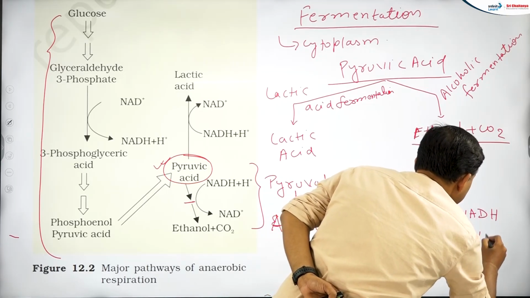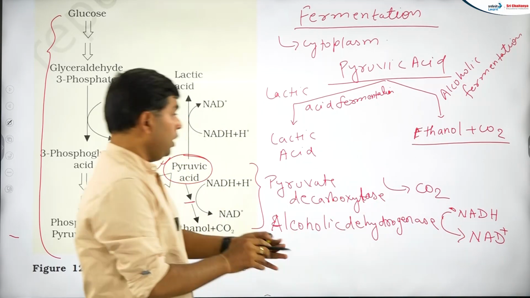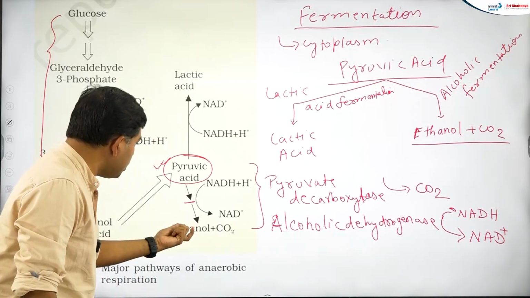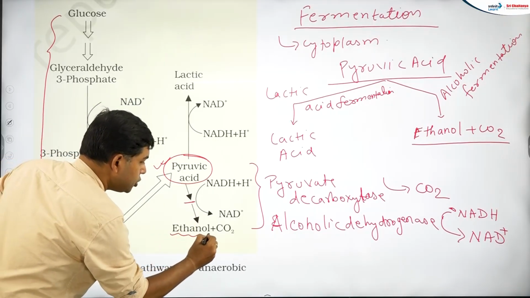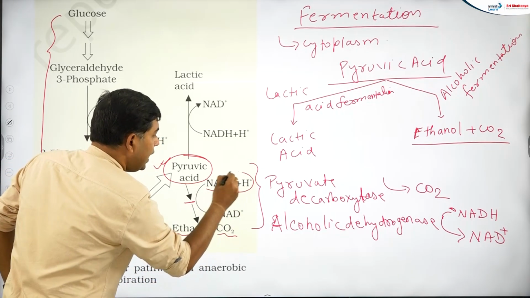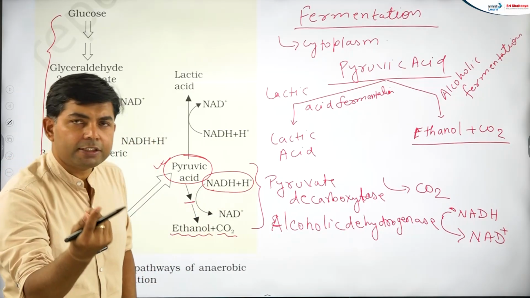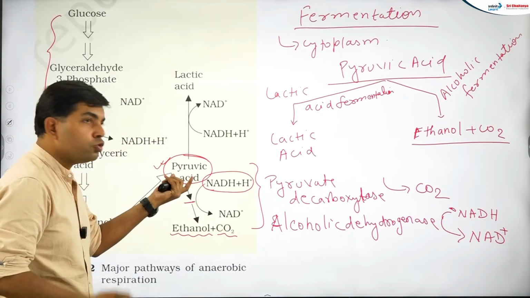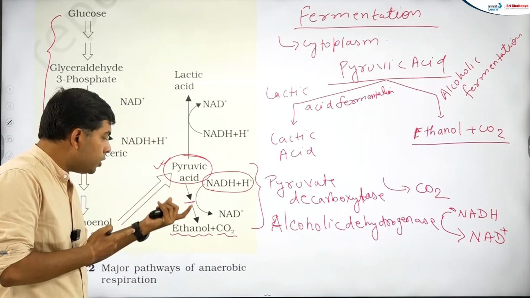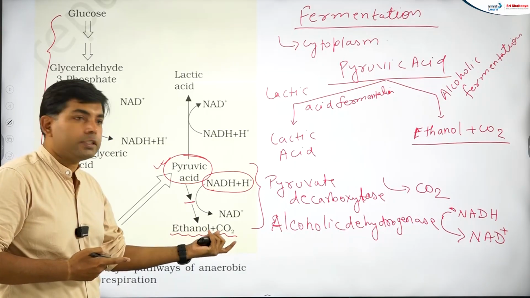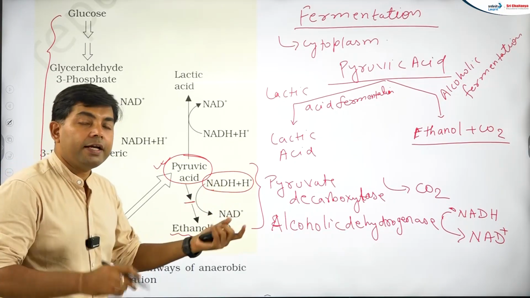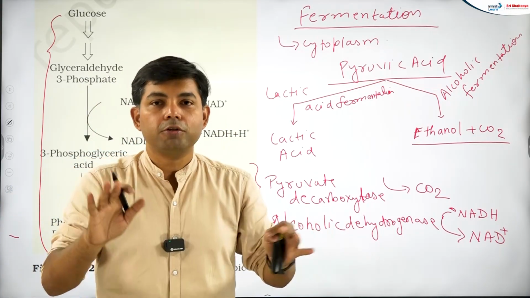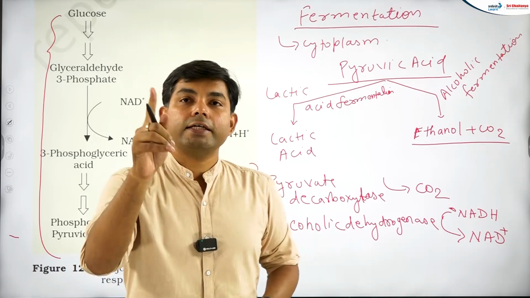into NAD+. Now see, NADH was produced in glycolysis. In the conversion to ethanol and CO2, the NADH is consumed. How many NADH are produced in glycolysis? 2. How many pyruvate are produced? 2. So 2 pyruvate will be converted into 2 molecules of ethanol and CO2, and in this process 2 NADH will be used. So when I said NADH is not used to produce energy, it means NADH is getting consumed.